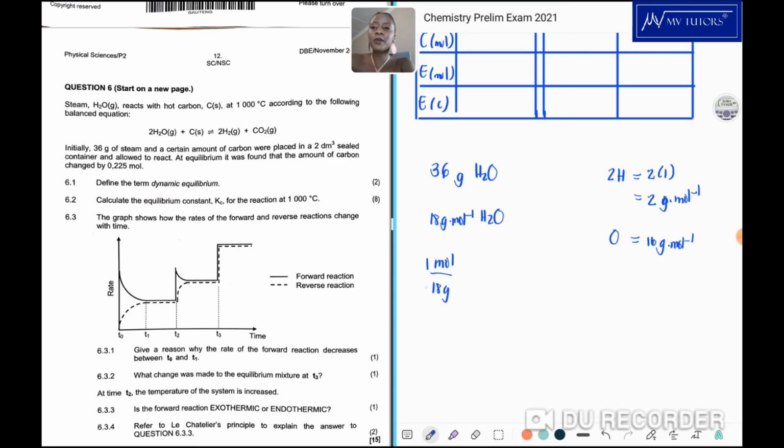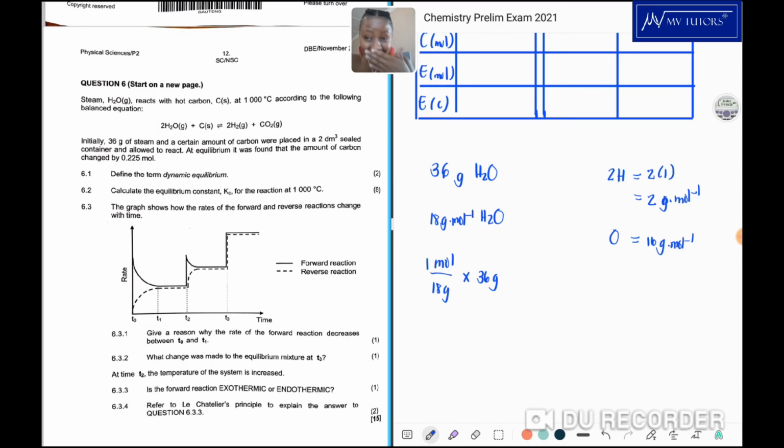So 1 mole over 18 grams, and I'm going to multiply that by 36 grams because I would like to get rid of the grams. So 36 divided by 18 gives me 2. The grams cancel out and I'm left with moles.